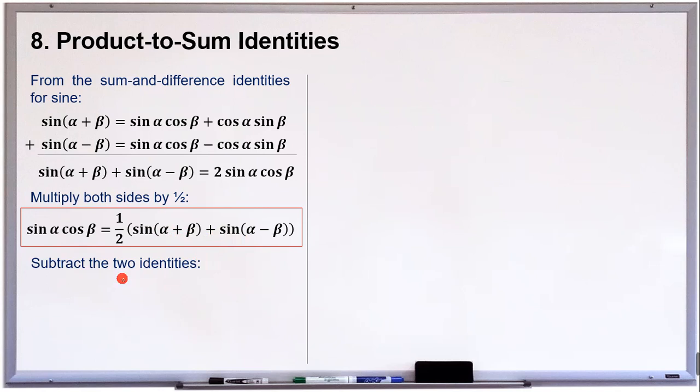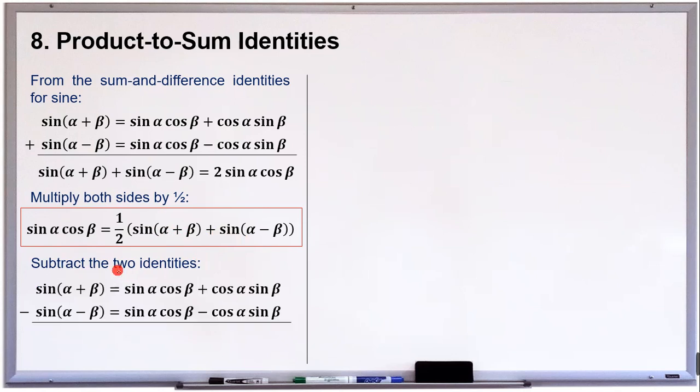Next, we're going to subtract the two identities. The first one was adding the two identities, so this time we are going to subtract them. So we have sine of alpha plus beta, equal to this expression, minus sine of alpha minus beta, which is equal to the other expression. We have sine of alpha plus beta minus sine of alpha minus beta.